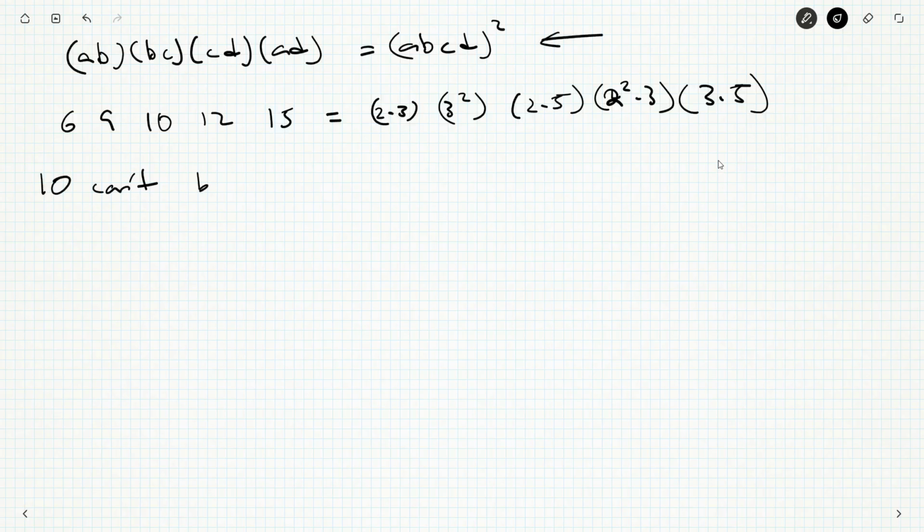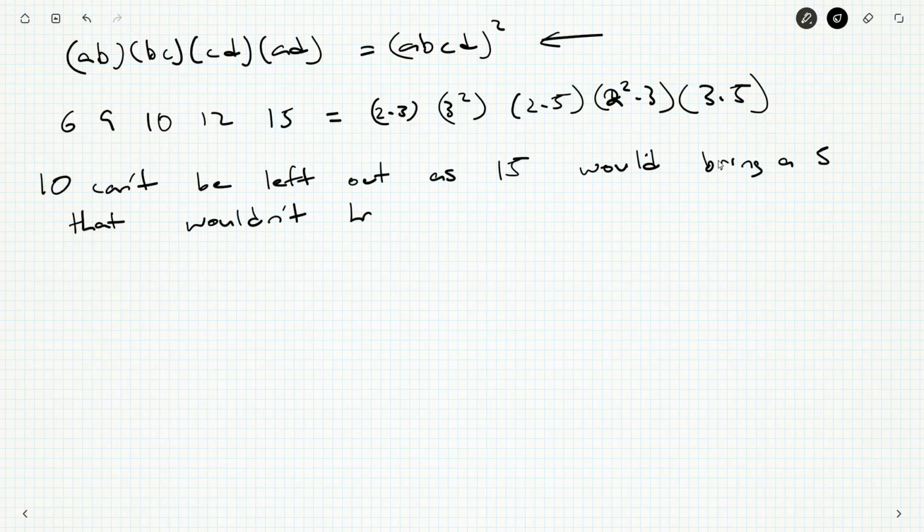So 10 can't be left out, as 15 would bring a 5 that wouldn't have a pair.